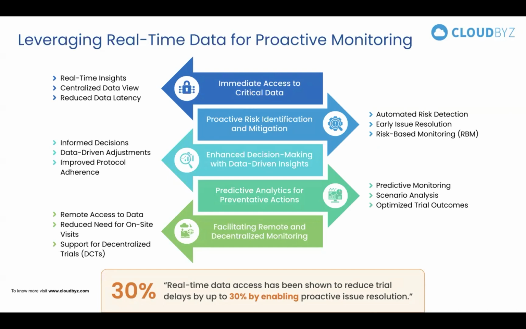It also helps with risk identification and mitigation, faster decision making, and also predictive analytics, so that we can look at how things are coming up and foresee them. You can also take preventative actions and decisions, and it also enables and facilitates decentralized monitoring as well.